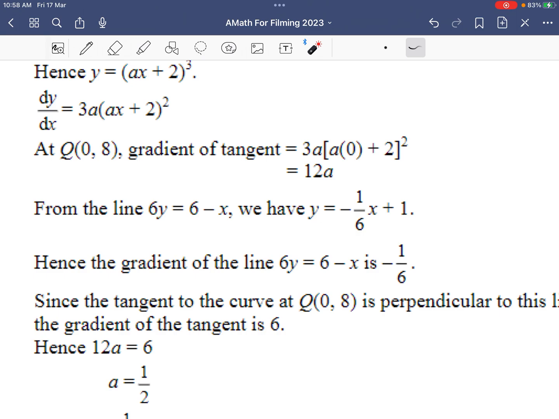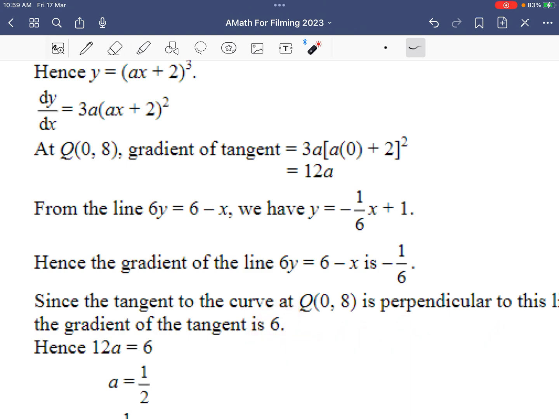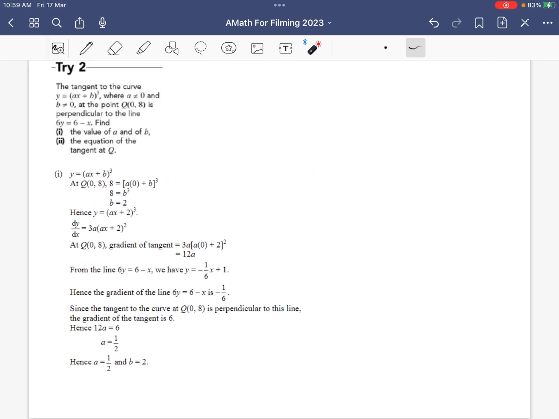Hence, by m1 times m2 equals -1, I now know that the gradient of my tangent equals 6. And since the gradient function is 12a, I equate 12a to 6. I solve for a equals half, and my b value equals 2. And this concludes this subtopic. Thank you for watching.